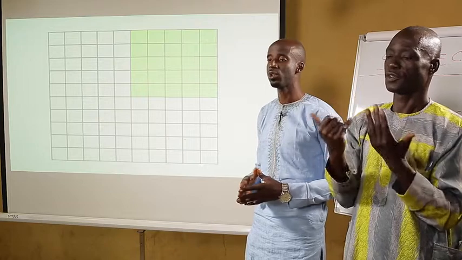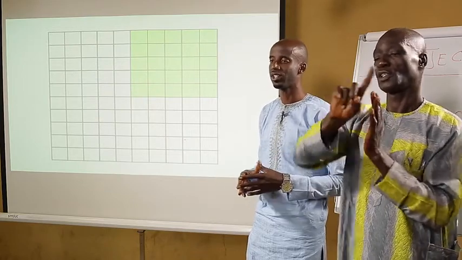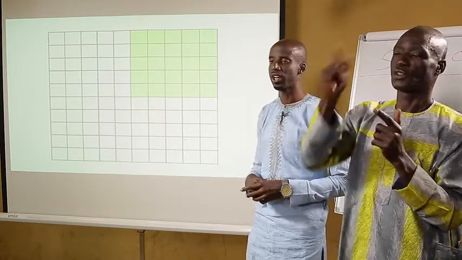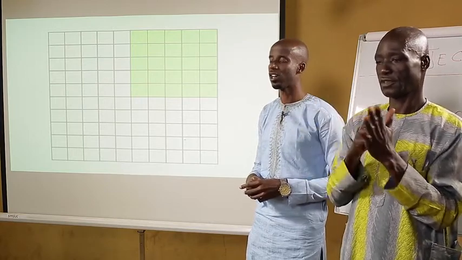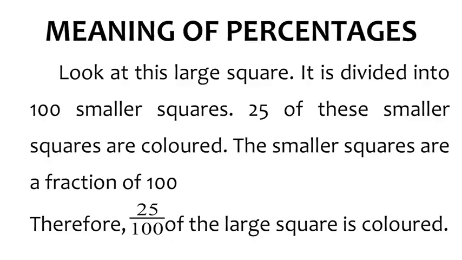So it shows that in 100, when you pick 25 out of it, it becomes a fraction. And that fraction shows 25 over 100.